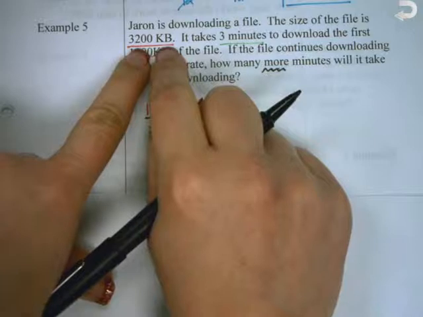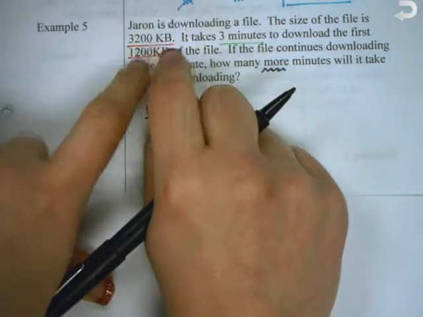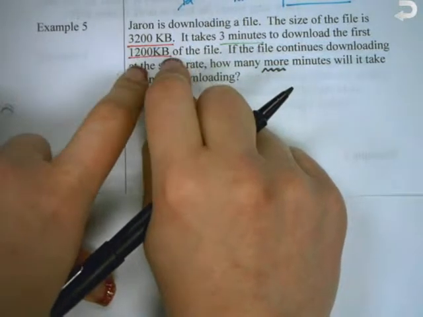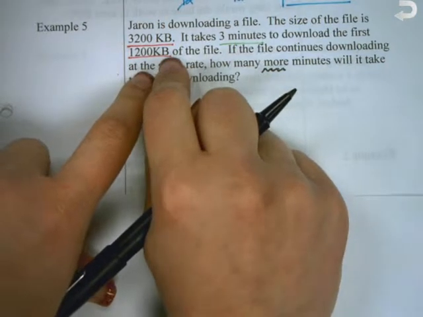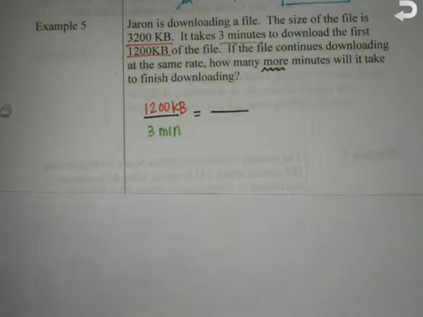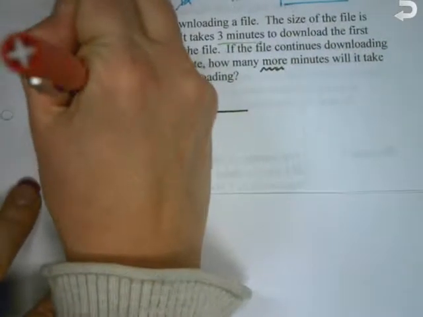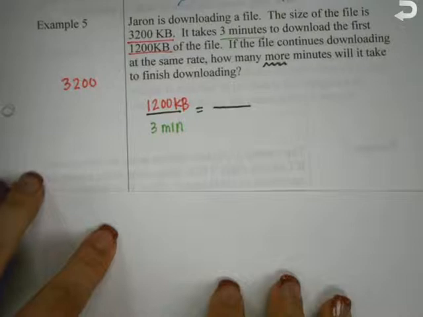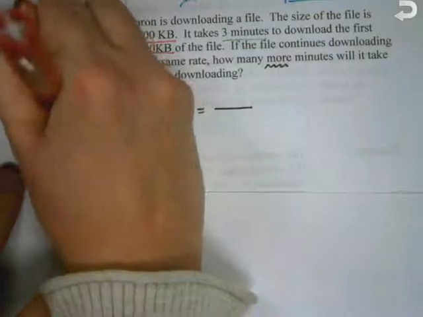I would suggest that we use a different number. Let's think about it. I have 3,200 total. Okay. I've already used 1,200 of them. So how many do I have left? 2,000.